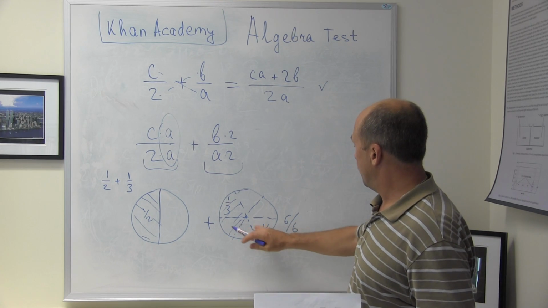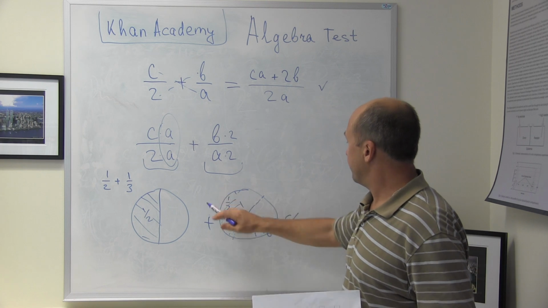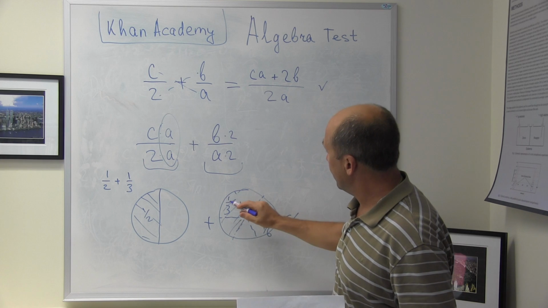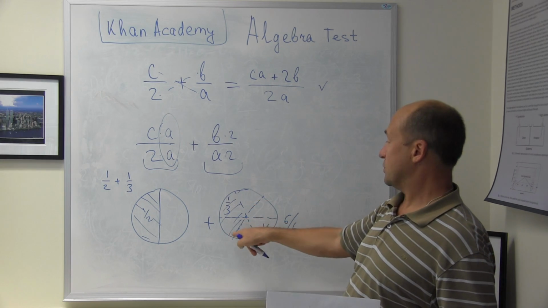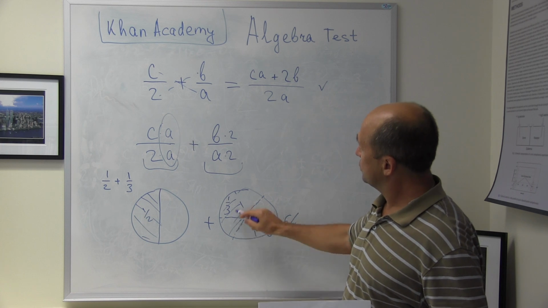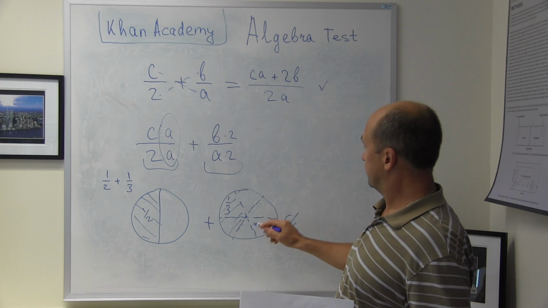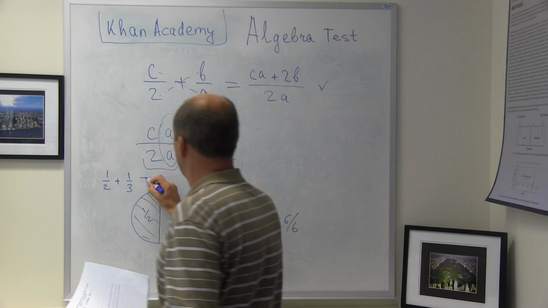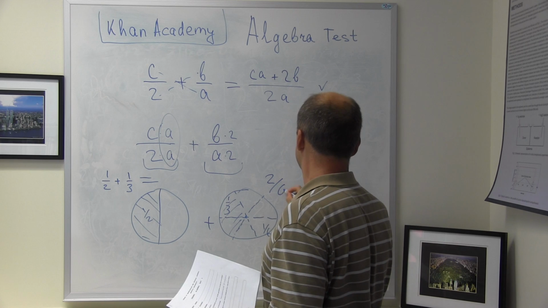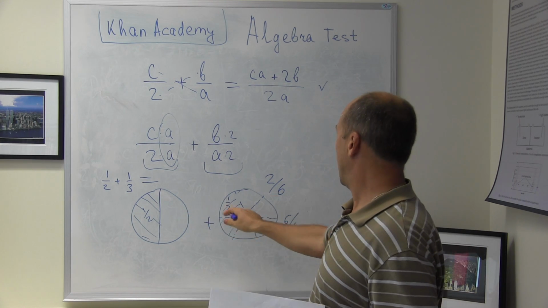So if you take 6 of these pieces, you get 1, and we can quite visually see that 1/3 is equal to 2/6. So therefore here we have 2/6 instead of 1/3.